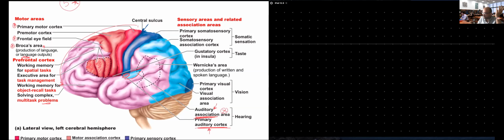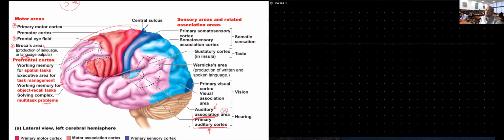Yes, you can hear them, but can you understand what they are saying? No. I can hear, but I can't understand. This is the difference between the primary auditory cortex and the auditory association area. The association area is responsible for the interpretation.